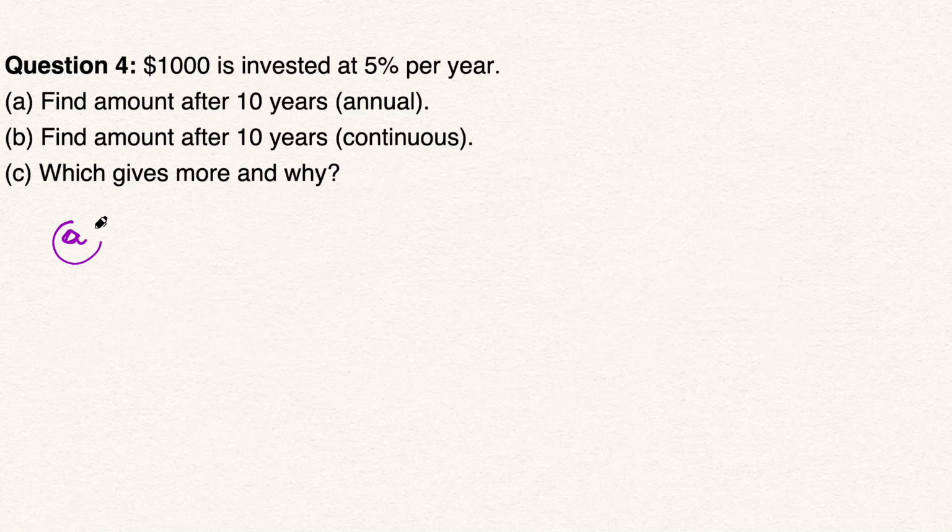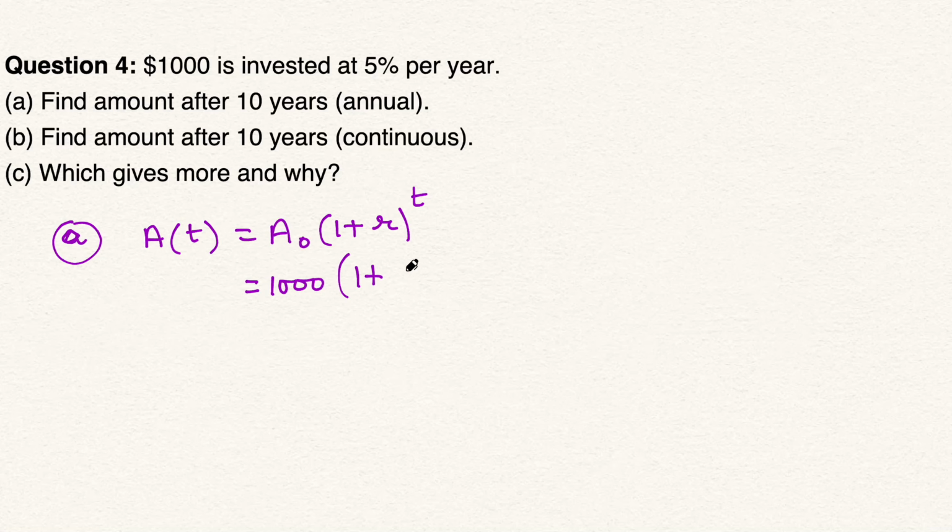I will write it as: amount after time t is equal to the initial amount times 1 plus rate raised to the power t. And substitute the values. This is 1000 times 1 plus 5% raised to the power of time.